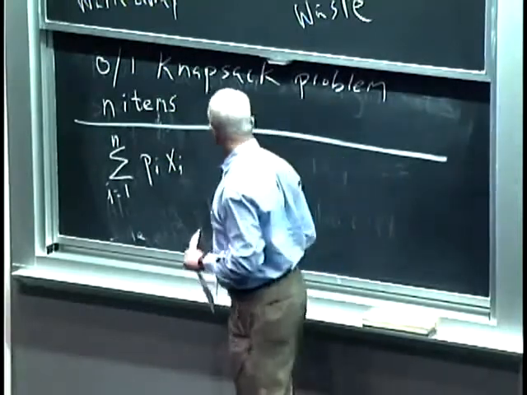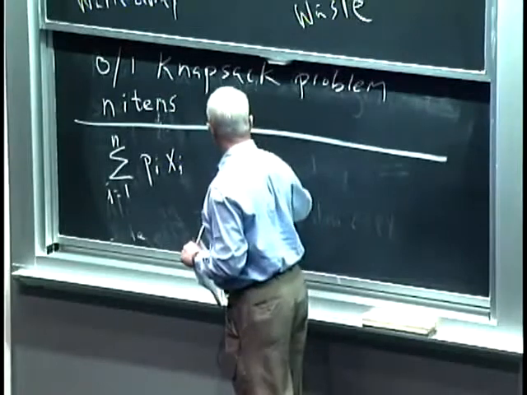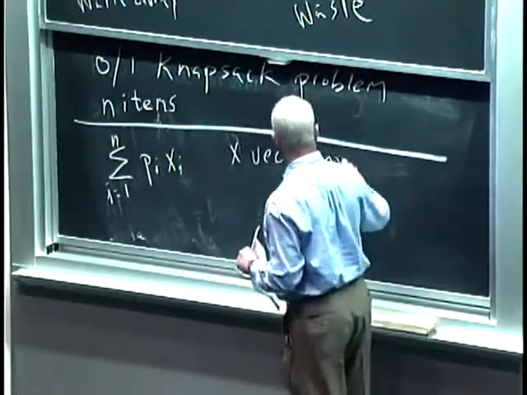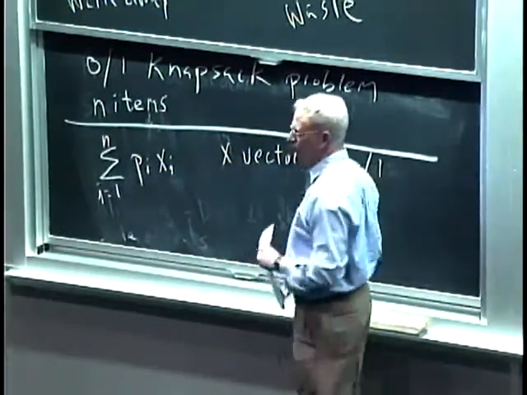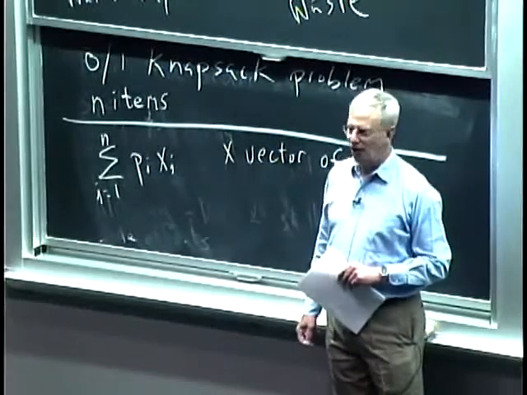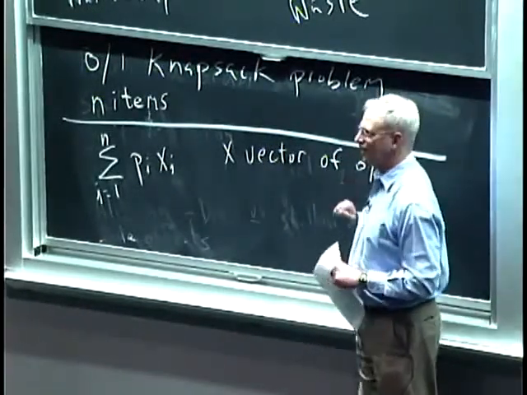So think of x as a vector of zeros and ones. Hence the name of the problem. If I'm going to keep item i, if I'm going to take it, I give it a 1. If I'm not going to take it, I give it a 0.